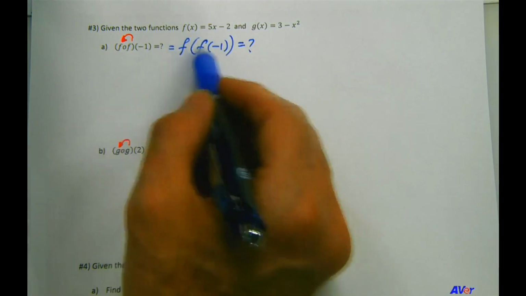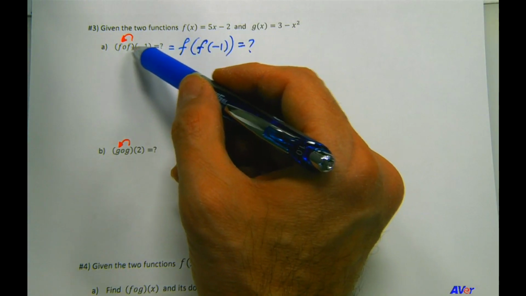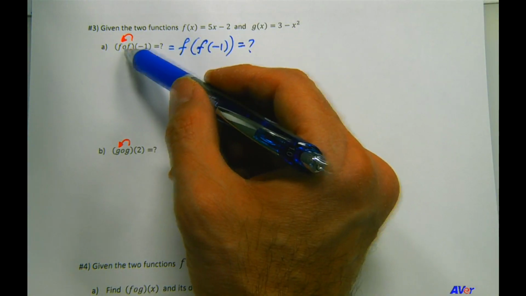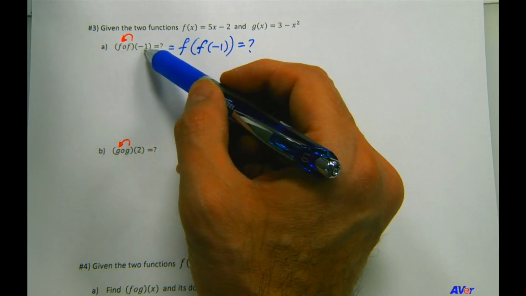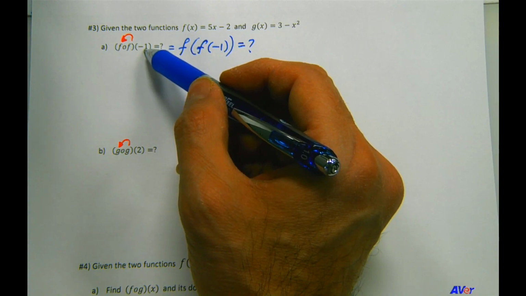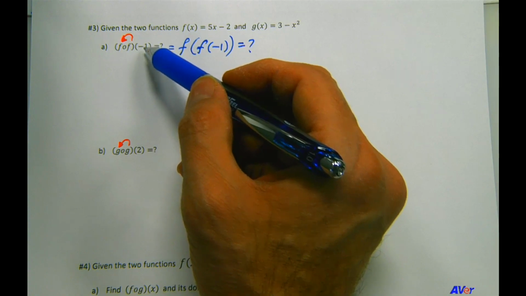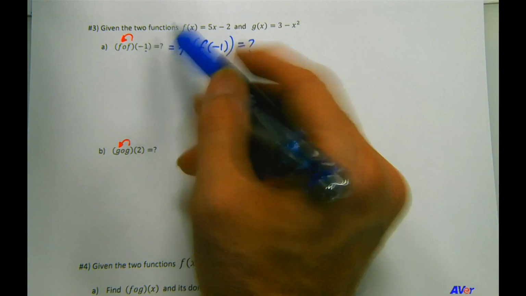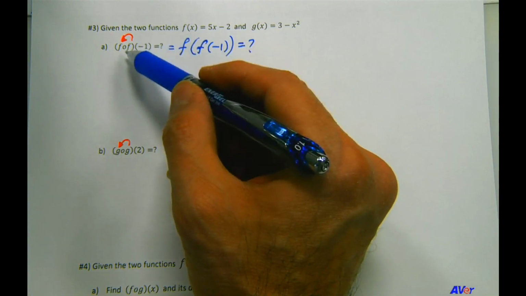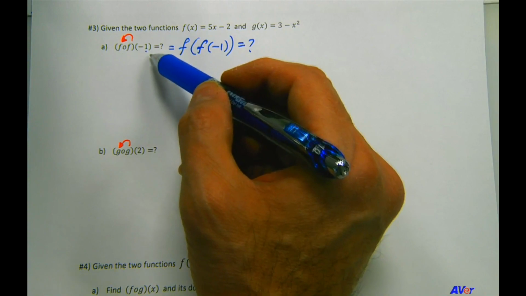Because we have a number, sometimes they don't want us to calculate the composite function at a number, but they want us to calculate the composite function at a variable. Those make the situation a little more complicated, but the fact that we're evaluating the composite function at a number makes the situation simpler.